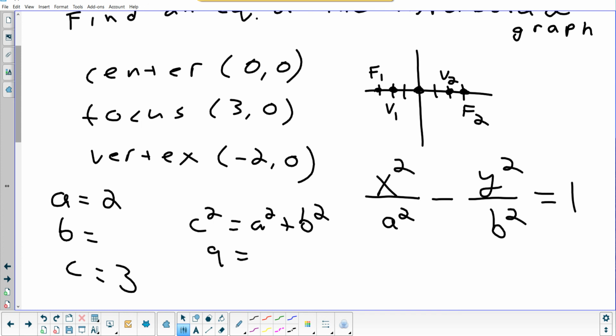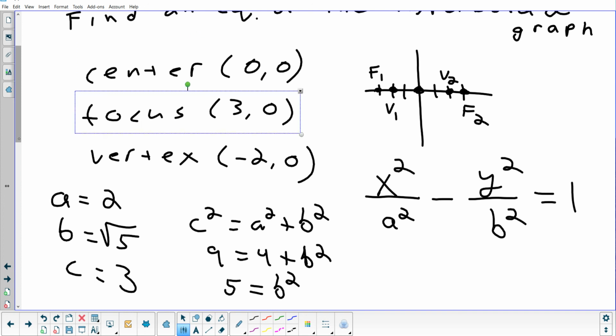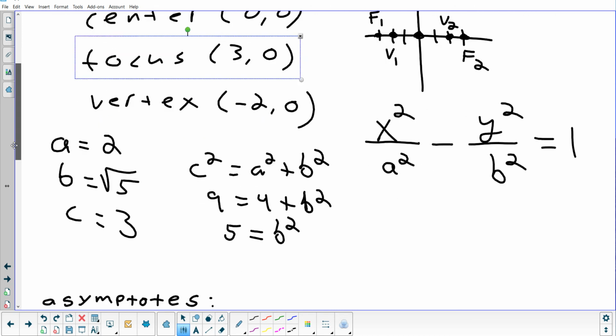So c squared is 9. a squared is 4. So in this case, b squared equals how much? You don't need b unless you plan on writing the slope. Okay, we are going to write the slope, so I'm going to put b over here, but b squared is what we need. How did you find c? The distance from the center to the focus. Okay, let's write the equation.